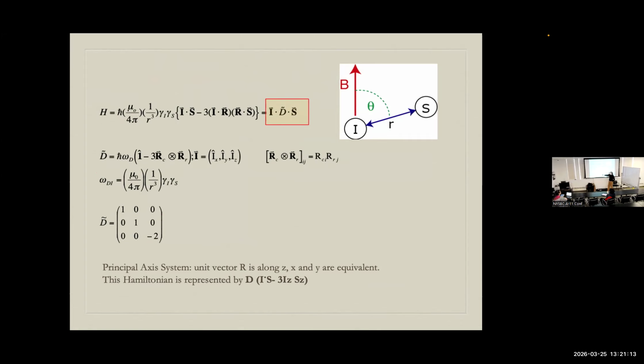It looks like I dot S minus 3 I Z S Z. So in the principal axis frame, you'd have 1, 1, 1 for I dot S, and then you subtract 3 I Z S Z. So this is how dipole coupling looks. Very much orientation dependent. It's a classic uniaxial interaction, and it is traceless, is the important part. Traceless, so it averages to 0.